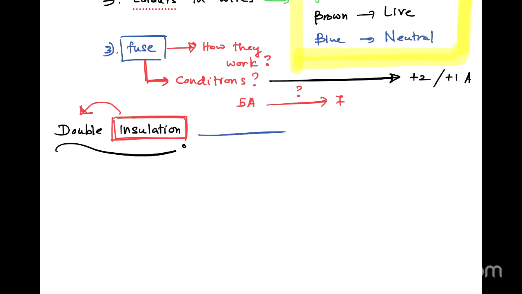Here the methods that we are using, there's no actual order, but these are the two methods. The first one is you can have the earth connection with the component, right?